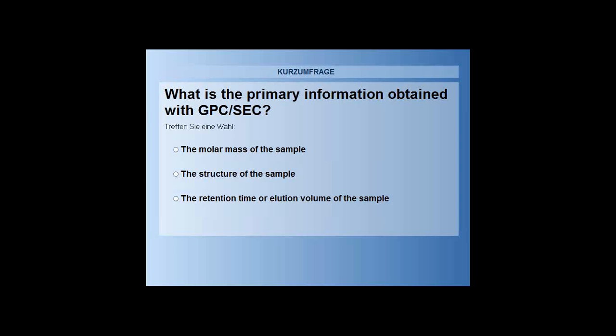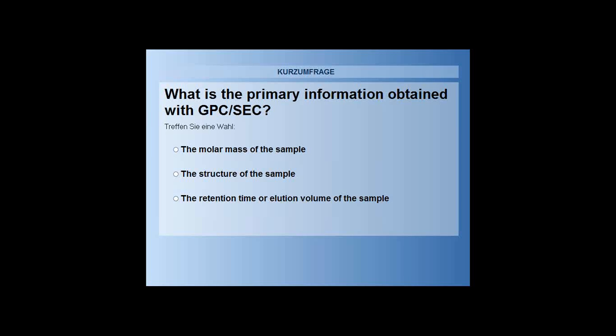Basically, the question is, what's the primary information obtained with GPC? The molar mass of the sample, the structure of the sample, or the retention time or elution volume of the sample. Torsten and I don't get to vote, because that would be cheating, but we would like you to vote. So what's the primary information you get with GPC SEC?